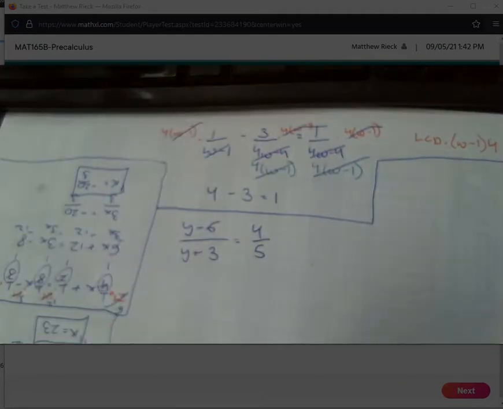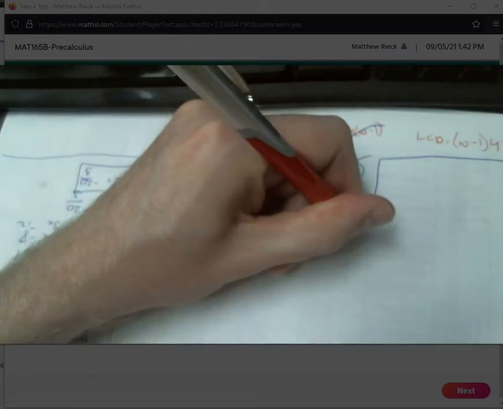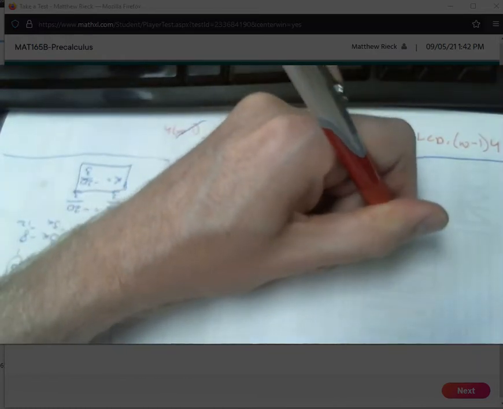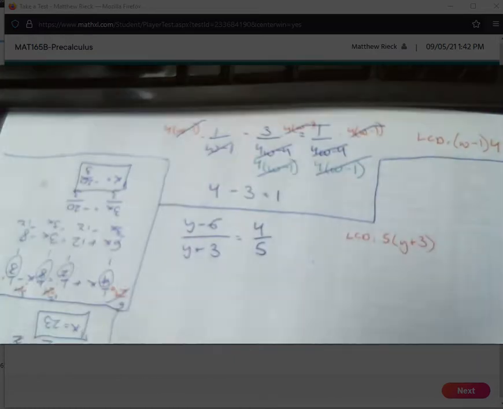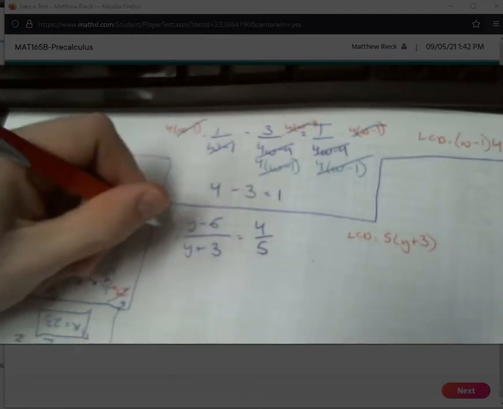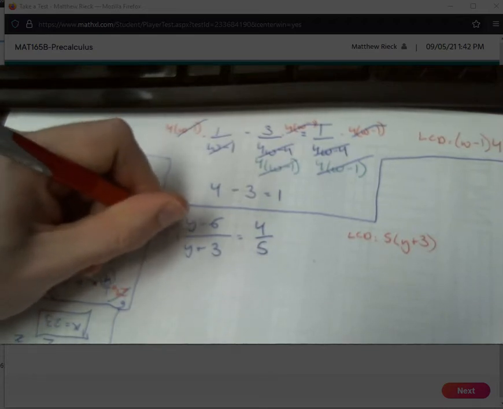In this case, both denominators are factored. My least common denominator is just going to be the product of each unique factor. So my least common denominator is going to be 5 times the quantity y plus 3. All right, so I'm just going to multiply both sides by that 5 times y plus 3.